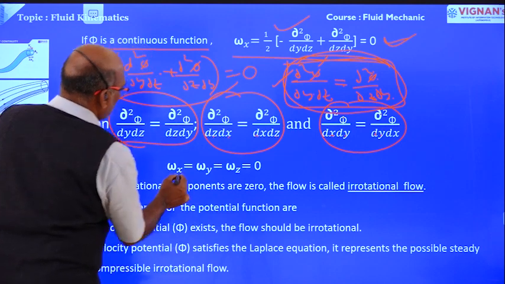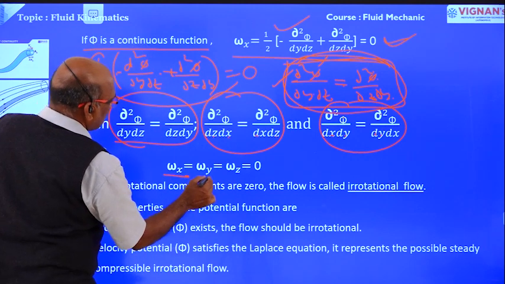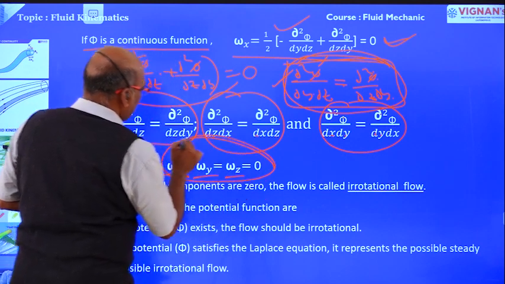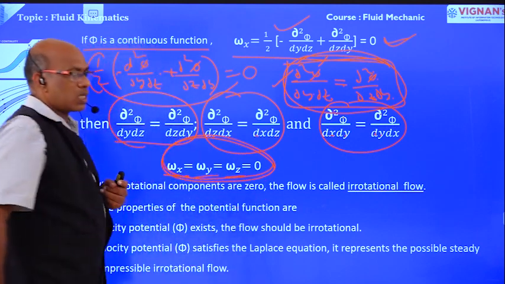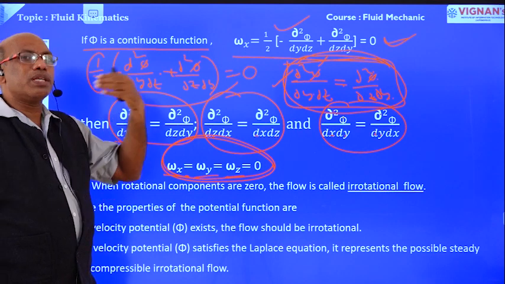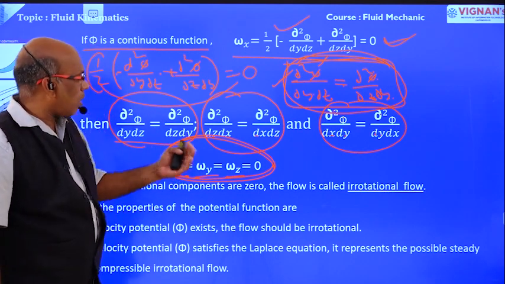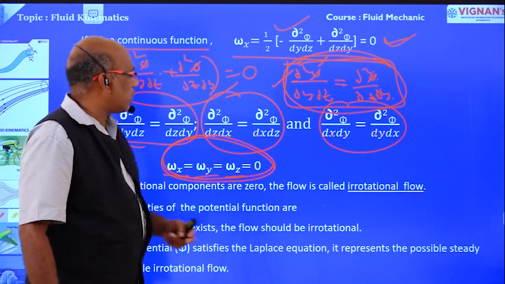Therefore, the rotational components ωx, ωy and ωz are all equal to 0. This is the equation we have derived.